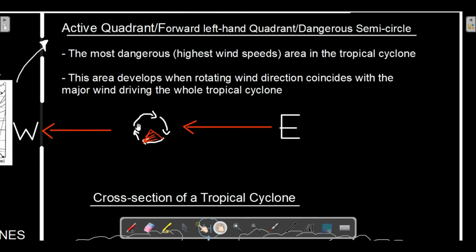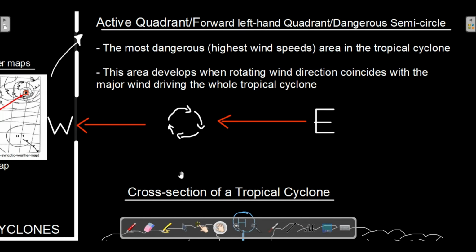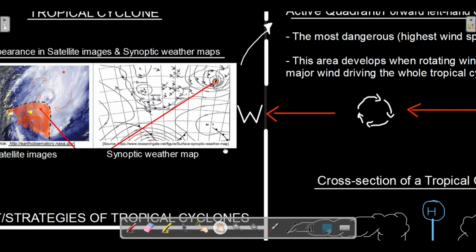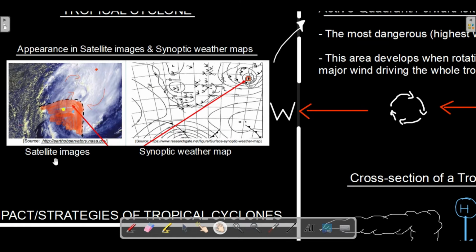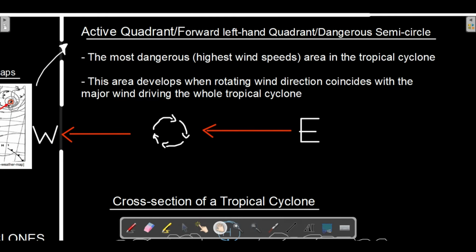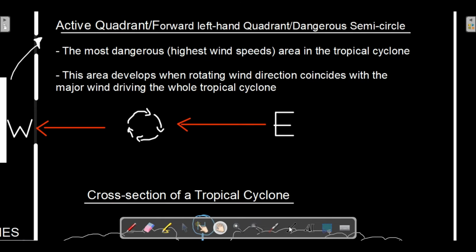So you have to be able to explain why that is and how it develops, because the question usually asks which area is the most dangerous in the tropical cyclone. Of course, you would say it's the active quadrant, or the forward left hand quadrant, or the dangerous semicircle. And usually the follow-up question would be, explain how it develops.